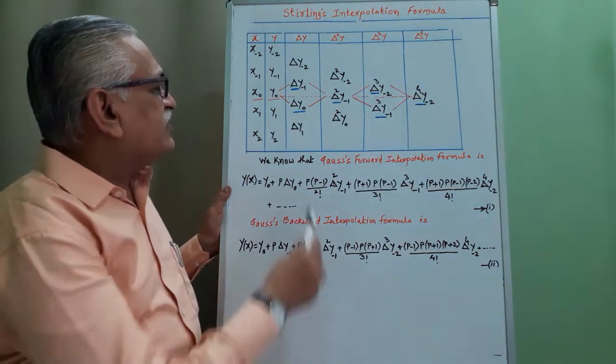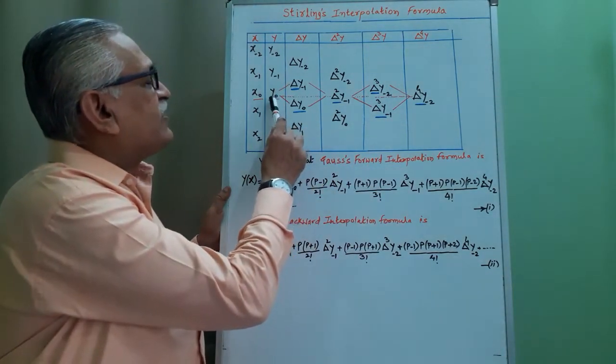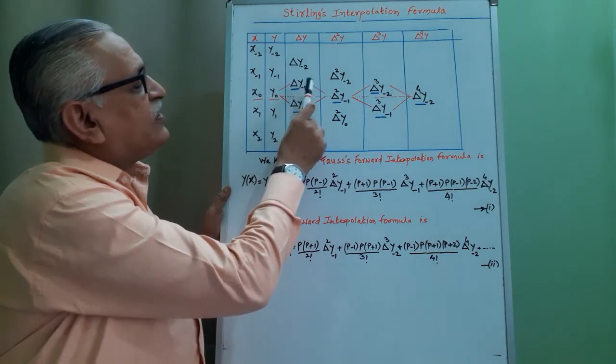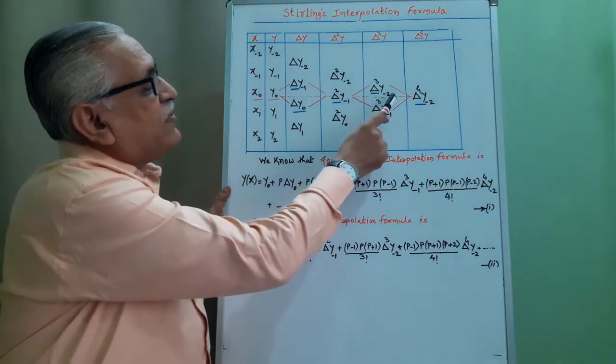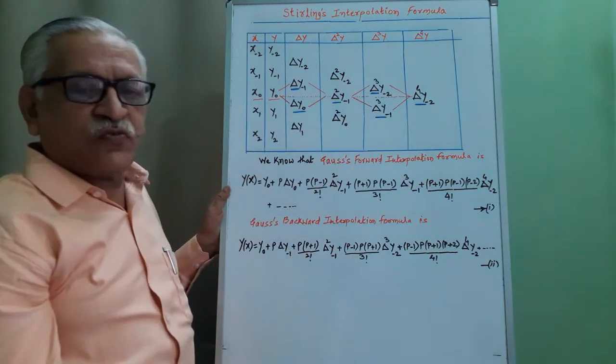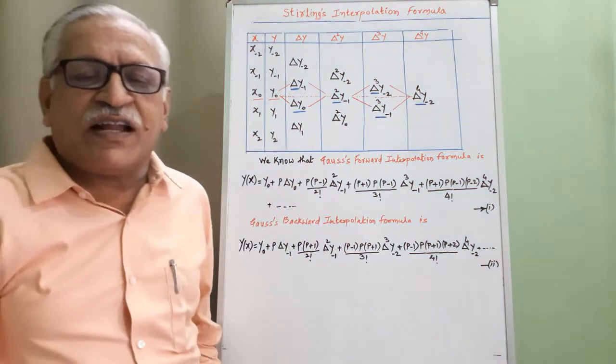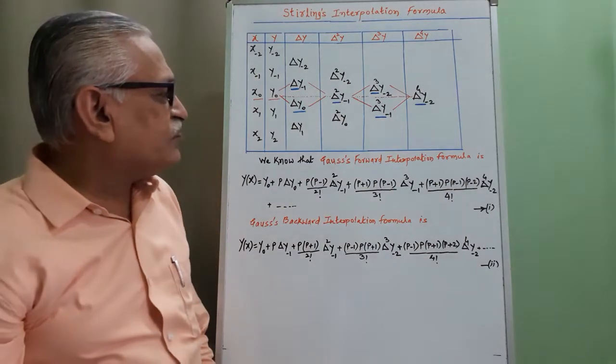For backward, we take the help of y0, del y minus 1, del square y minus 1, del cube y minus 2 and again del raised to 4 y minus 2. I have underlined all these values.